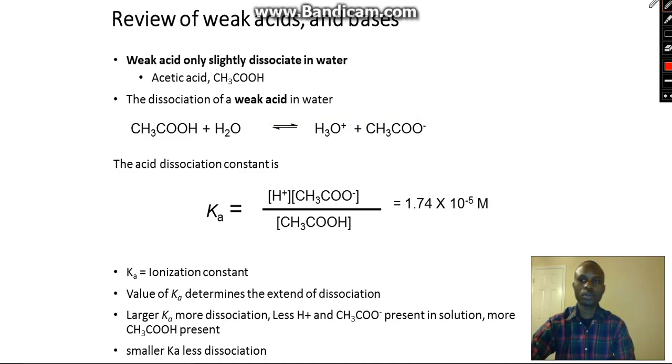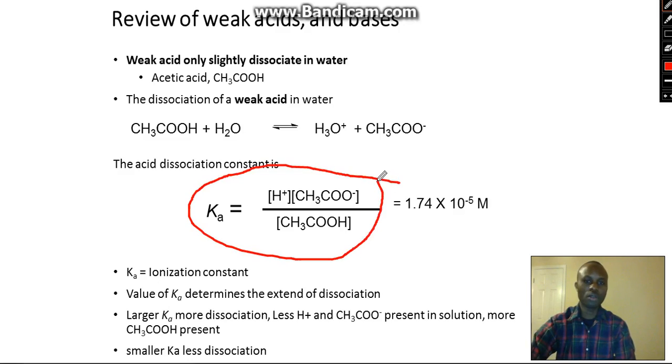So this expression shows the equilibrium situation of a weak acid, Ka. The Ka is known as ionization constant.